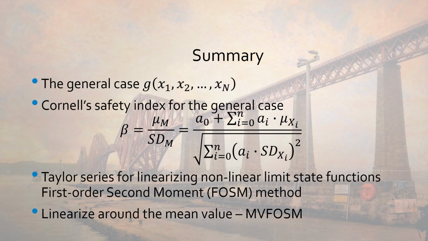We call this the first order second moment, or FOSM, method, as we use the first order approximation to the nonlinear function, and we use the mean value and standard deviation, hence the second moment, to derive the safety index. If we choose to linearize around the mean value of each parameter, we call this method mean value FOSM.